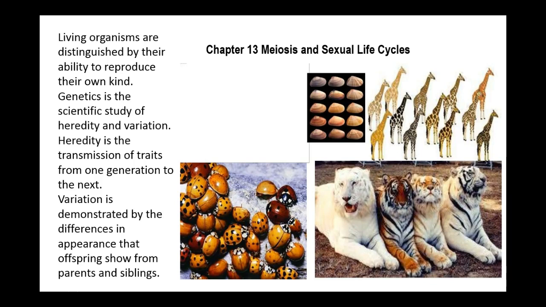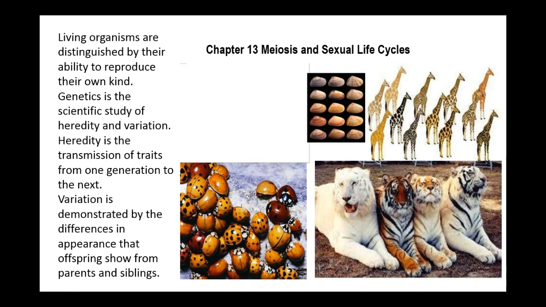Heredity is defined as the transmission of traits from one generation to the next. So even though these four tigers look different, they also look very much the same. This transmission of traits, this trait of a tiger, its general shape of its head, the fact that it has fur, the fact that it has a predisposition for stripes.